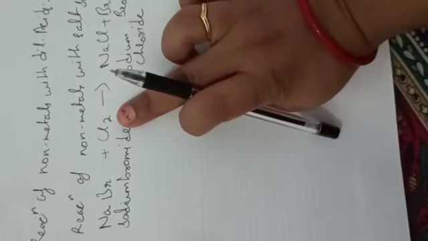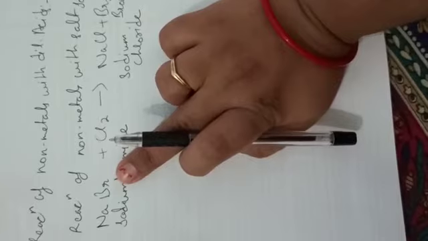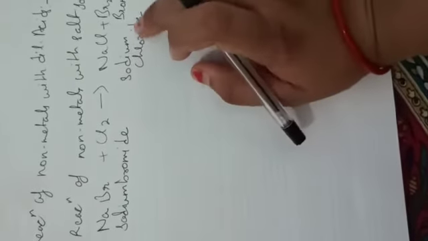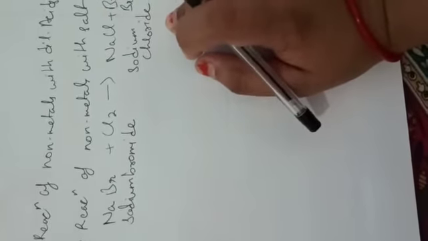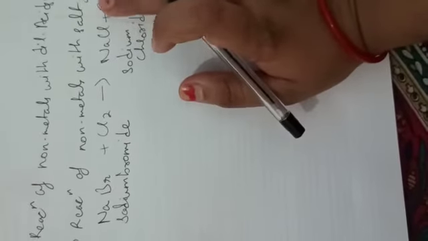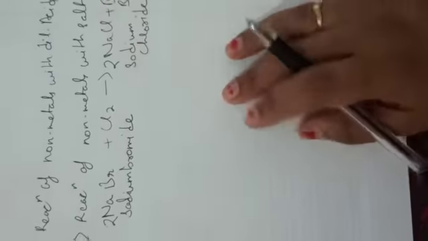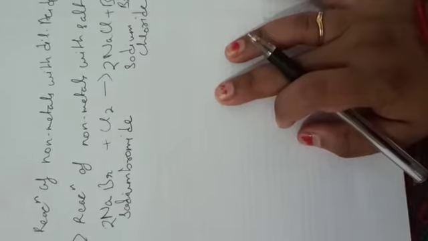Chlorine takes the position of bromine in sodium bromide, and sodium chloride is formed. Okay, so this reaction is not balanced. When we balance it, we will get this reaction. Okay, so this is the balanced reaction.